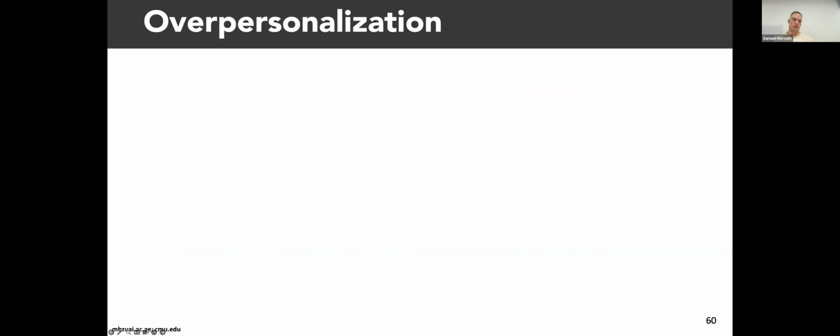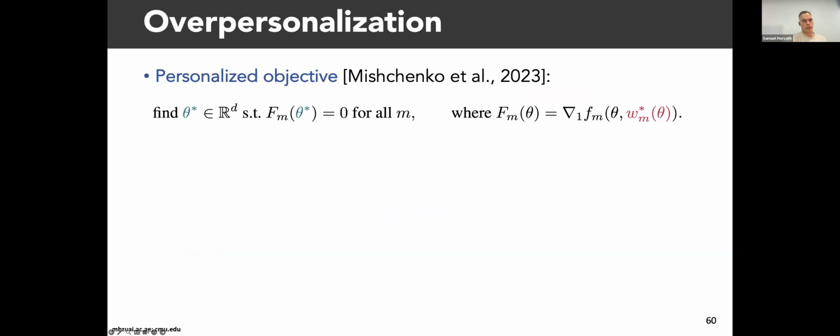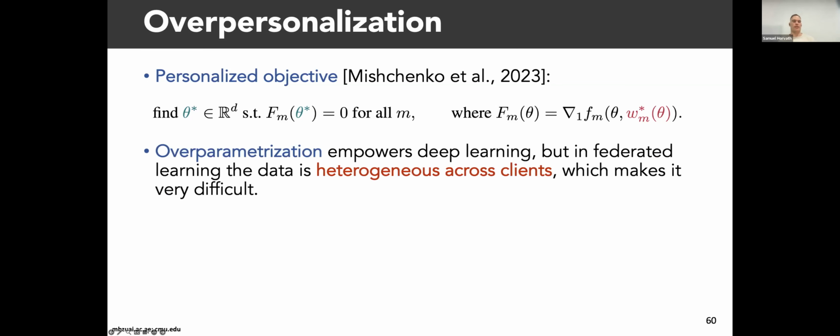All right, and there's also one nice recent work that we did with Konstantin Mishchenko about personalization, showing that personalization can actually help optimization itself. What you can show is that if you get overpersonalization, meaning that you personalize in such a way that each client can solve their local problem, so the solution that you find with personalization is the global solution of the local problem, then you get the same benefits that you get with overparameterization for deep learning.